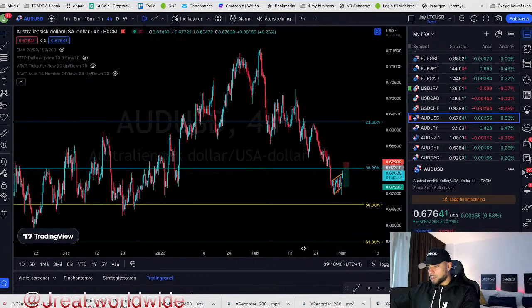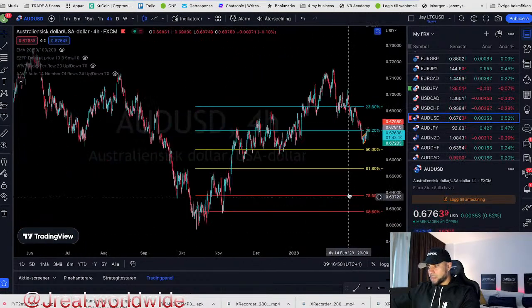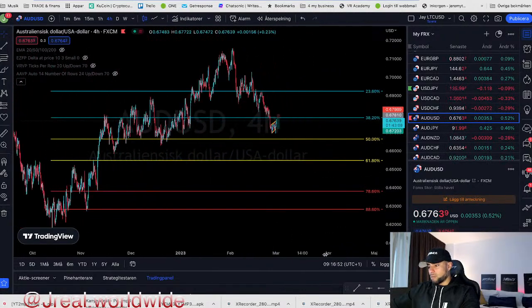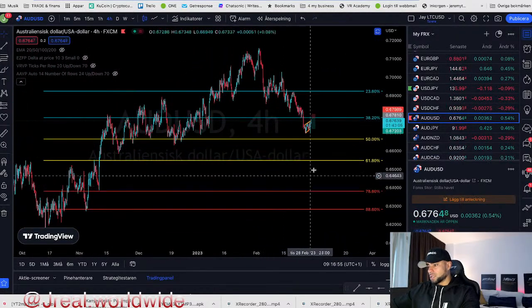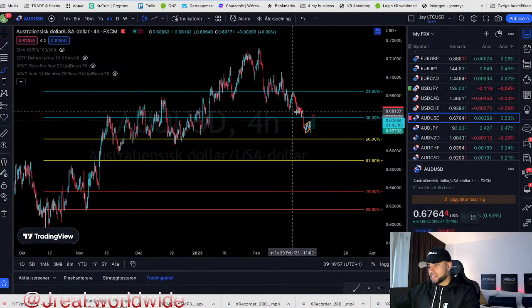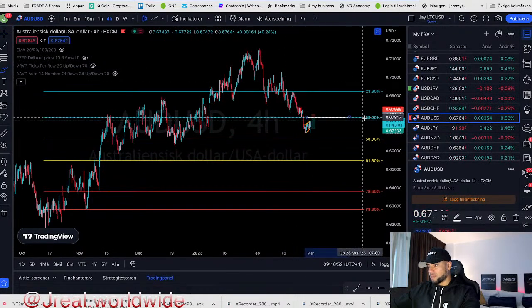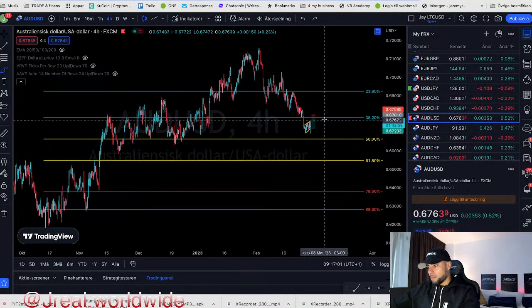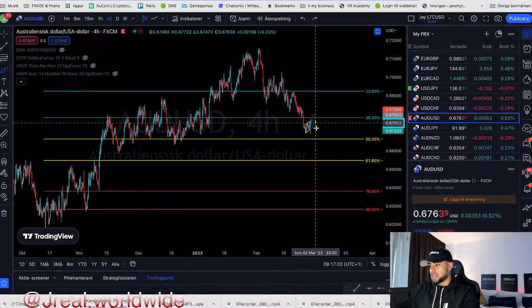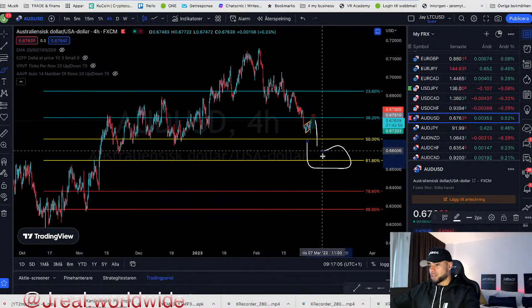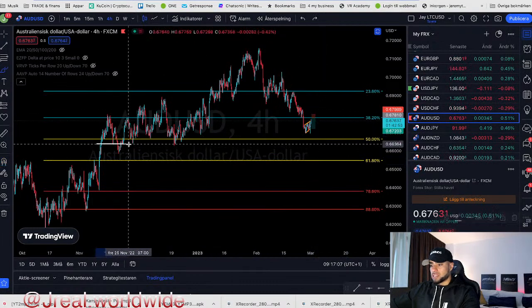I definitely argue yes. And that is back to the thing that I said in the beginning, where when looking at AUD USD, I believe that the market is going to test the 38.2 Fibonacci retracement from underneath as resistance and come down to the sweet spot to clear some of this liquidity here.